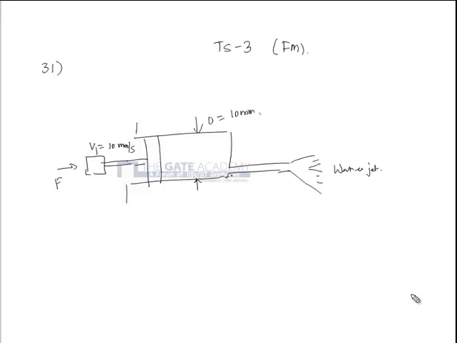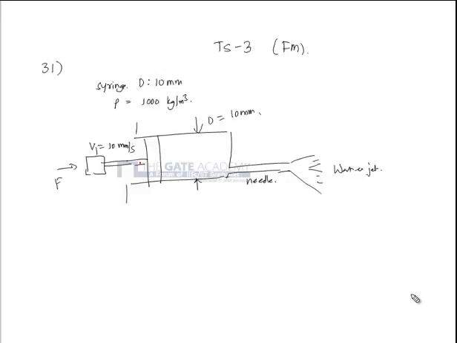This is the needle part where the jet comes out. The diameter of the syringe is given, so let's call it 10 mm, and the water density is rho, which is 1000 kg per meter cube.